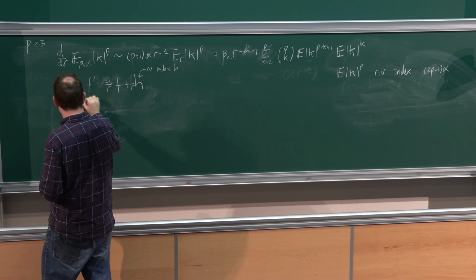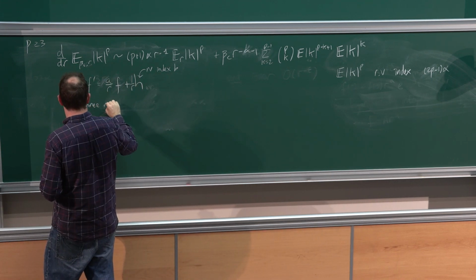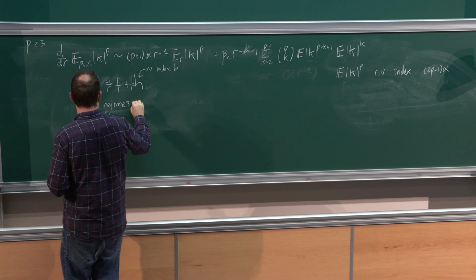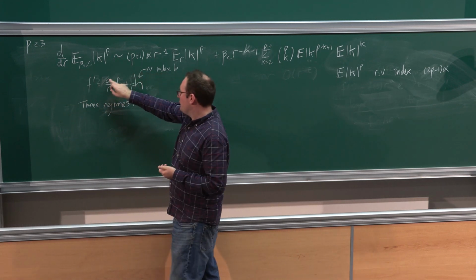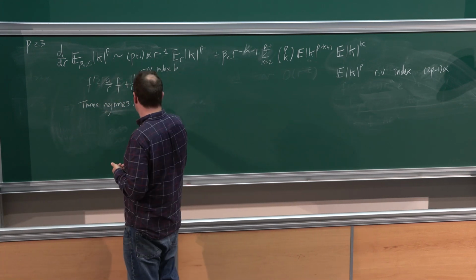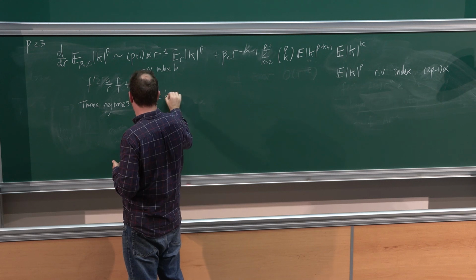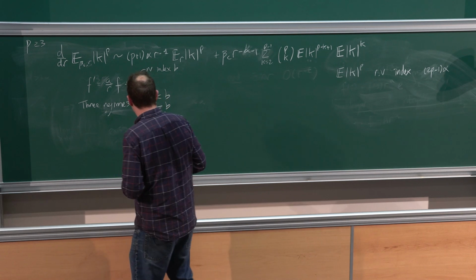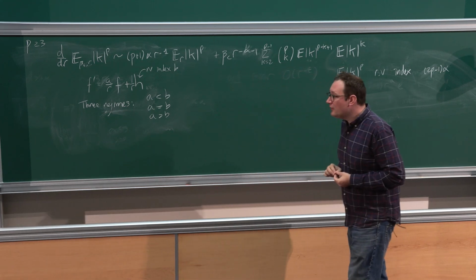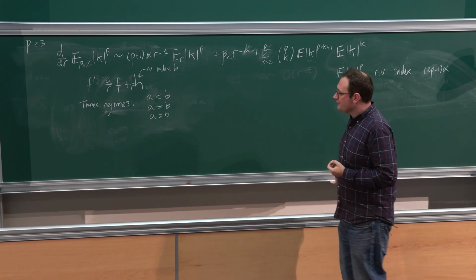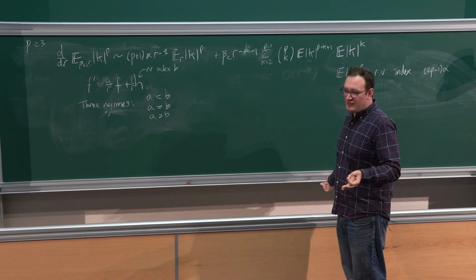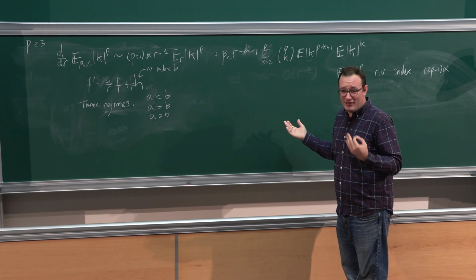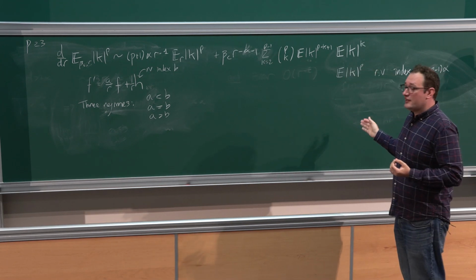You have 3 regimes, which is according to the relationship between A and B. Right? So you have A less than B, A equals B, A bigger than B.